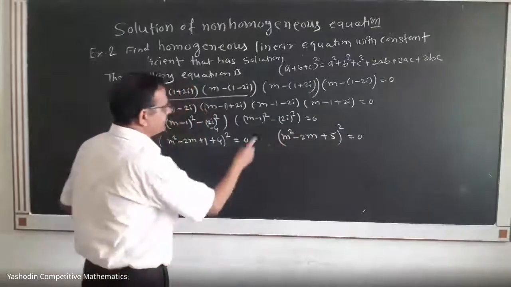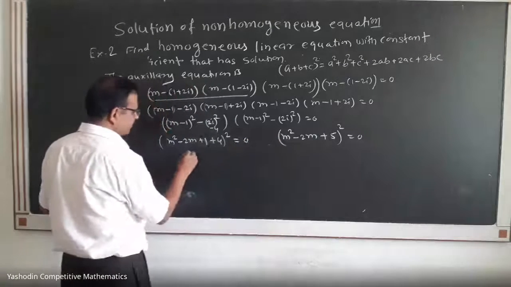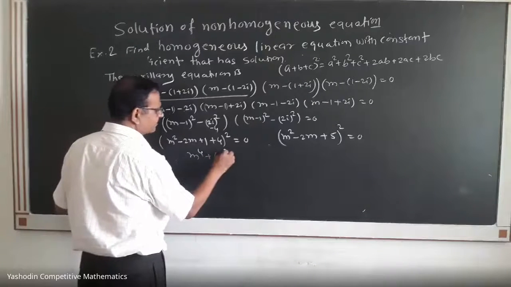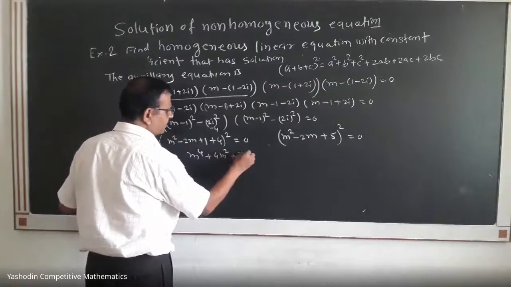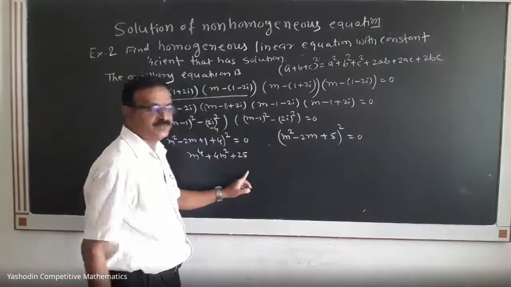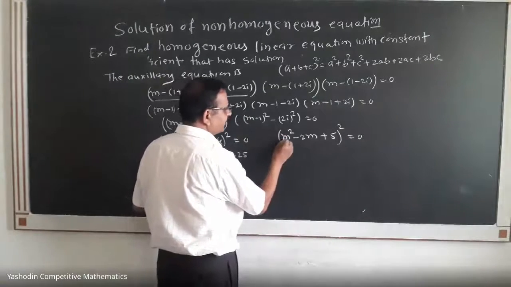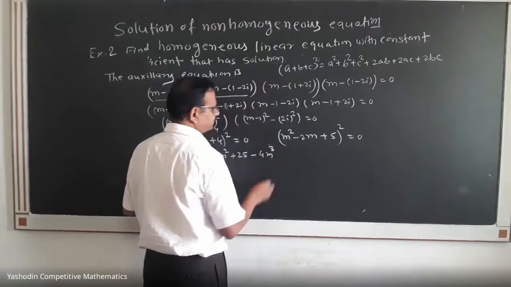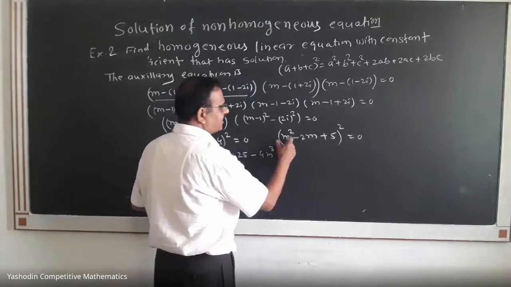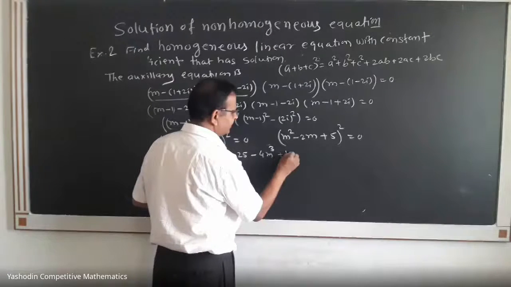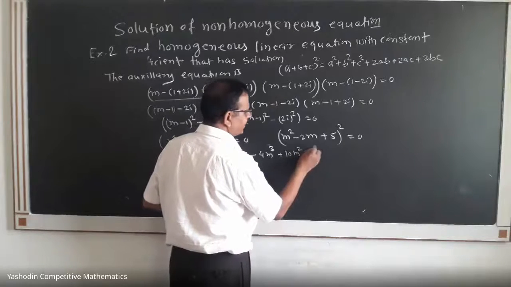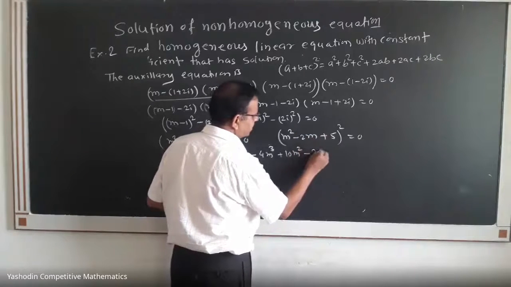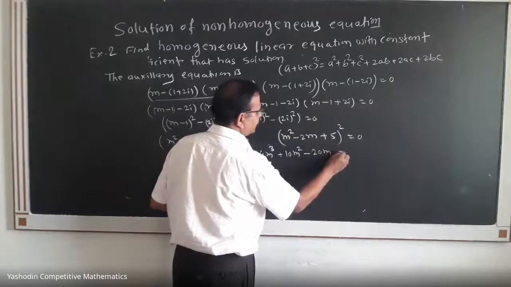The expansion is a square, that is the square of m square, m raised to 4, plus b square, 4m square, plus c square, 25, 5 square. Plus 2ab, 2 times m square into minus 2m, that is minus 4m cube, twice ac, that is 10m square, plus 2bc, 5 into 2, 10 and twice, minus 20m equal to 0.